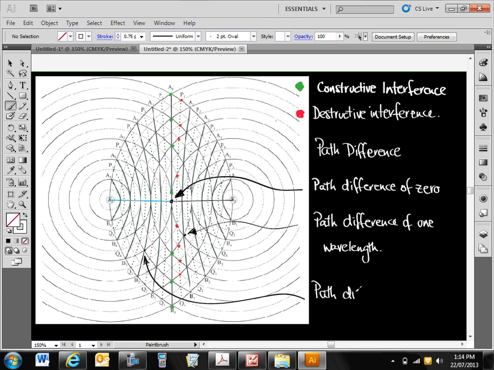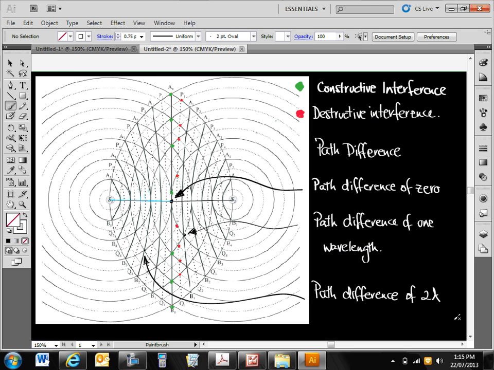Path difference of 2 lambda. 2 wavelengths. How is that for people?